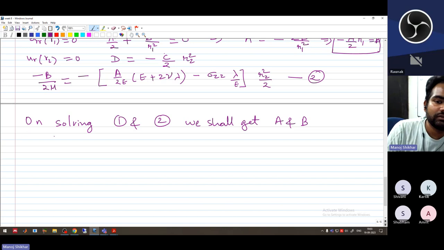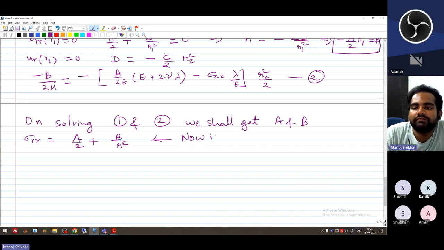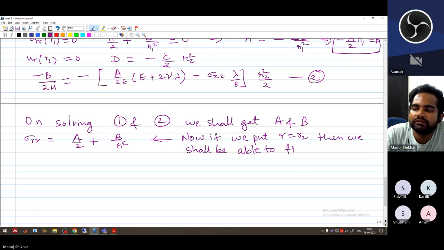Now we can do one more thing. We already have A and B now. So we also know that sigma RR equal to A by 2 plus B by R square. So now if we put R equal to R2, then we shall be able to find the unknown pressure being applied by the hole.